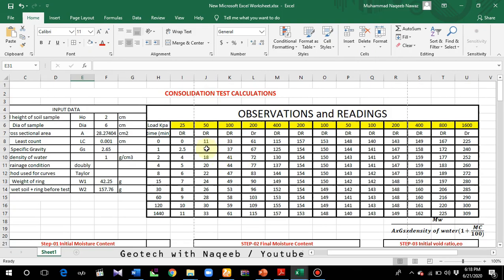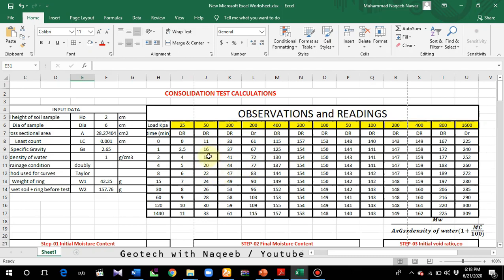And look, what is this? These are observations and readings. Here are the loading values, 25 kPa, 50 kPa, time intervals, and these are dial readings. You will have to record these values during the practical, so it comes in the pocket of your input values.